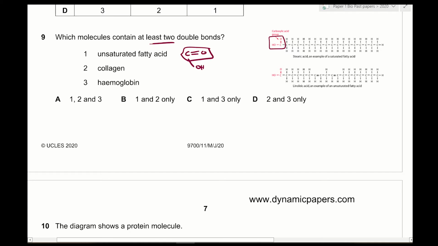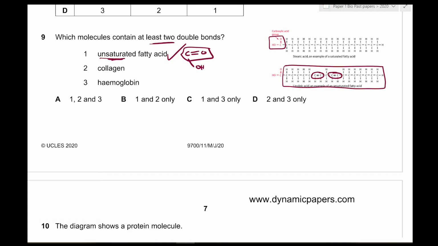Therefore, it contains 1, and because it's an unsaturated fatty acid, it must have a double bond in the hydrocarbon tail. Therefore, there's going to be at least 2 double bonds in unsaturated fatty acids. So here we have at least 2, therefore this is correct. For 2, collagen, and hemoglobin 3.